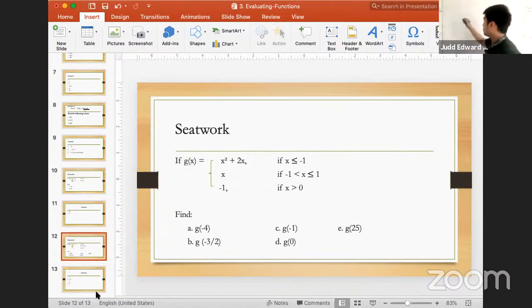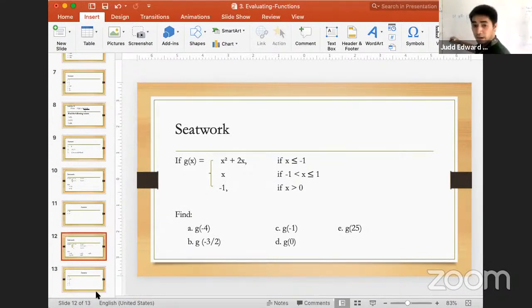So, we are given g of x: x squared plus 2x if x is less than or equal to negative 1, x if negative 1 is less than x is less than or equal to 1, and negative 1 if x is greater than 0.